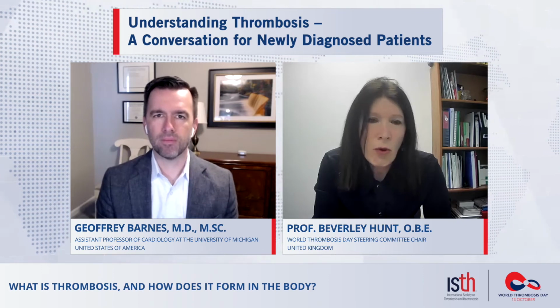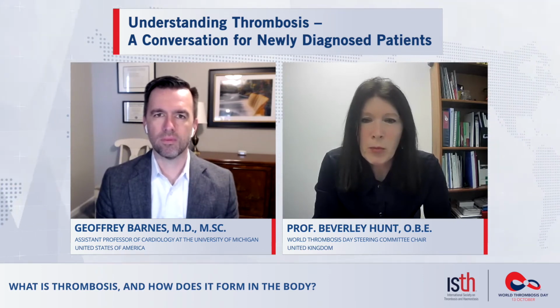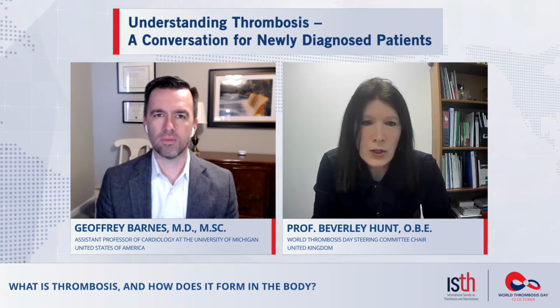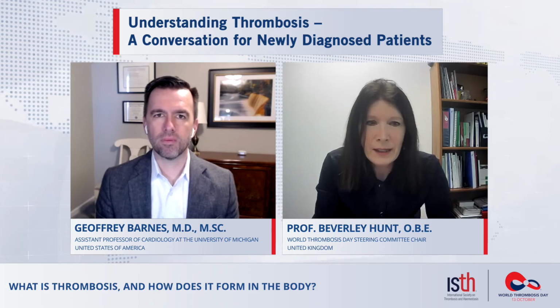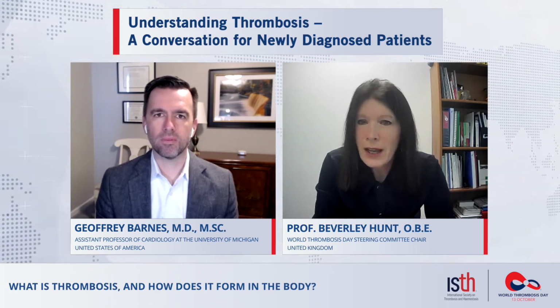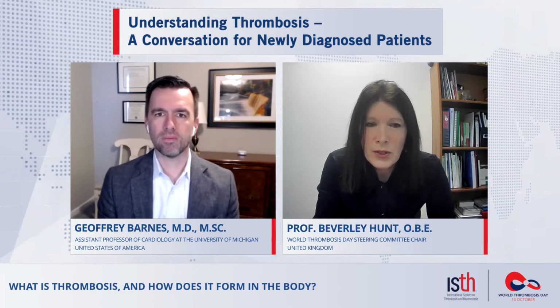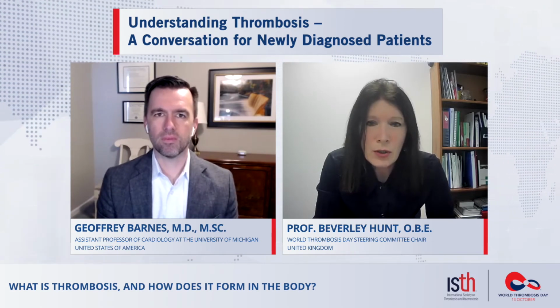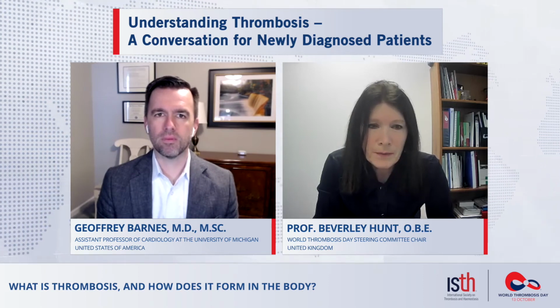And what we're going to be talking about next is some of the situations where clotting can go wrong. I should say that technically a clot can happen anywhere, but a thrombus, which is the medical term we tend to use, a thrombus is a clot within a blood vessel.